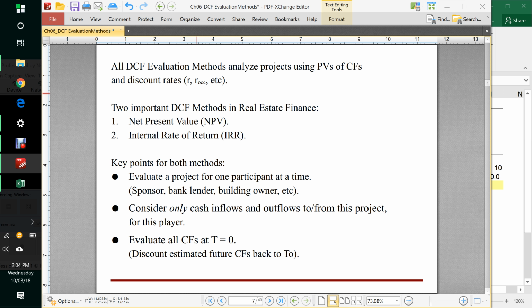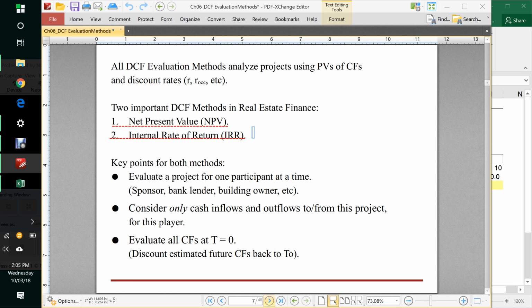Again, we're using our present values of cash flows, and there are two important discounted cash flow methods for us to consider in real estate finance. The first is the net present value method, and the second is the internal rate of return method, which we've already looked at briefly.